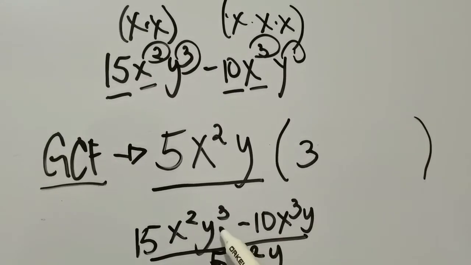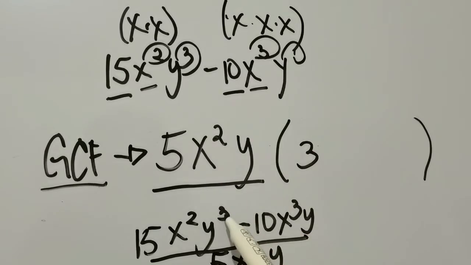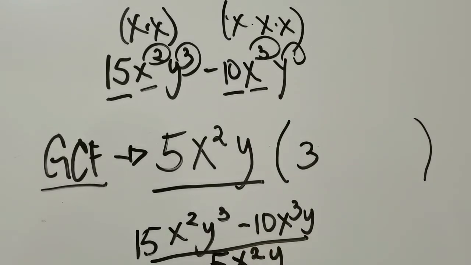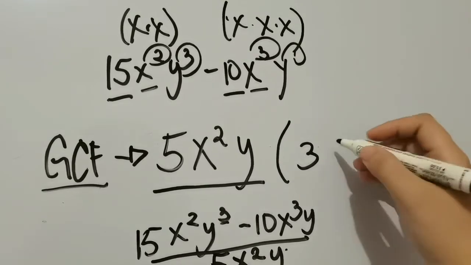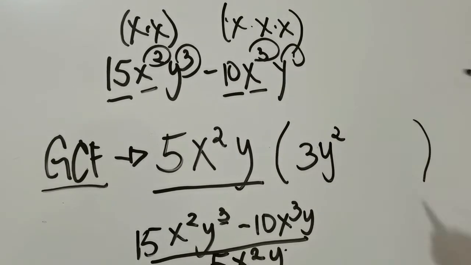Next, y raised to 3 divided by y. According to the law of exponents, when we divide exponents, we have to subtract 3 and 1. So 3 minus 1 is 2. So, y squared.